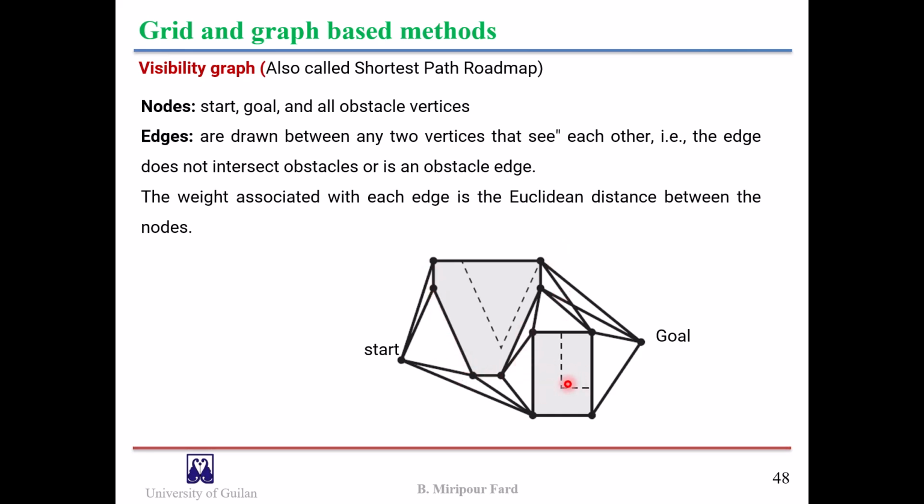The edges are drawn between all vertices for which the straight line connecting them lies in C-free. The obstacle edges are also considered in generation of the visibility graph. After obtaining the visibility graph, then a graph search method should be run to find the shortest path between the start and the goal.